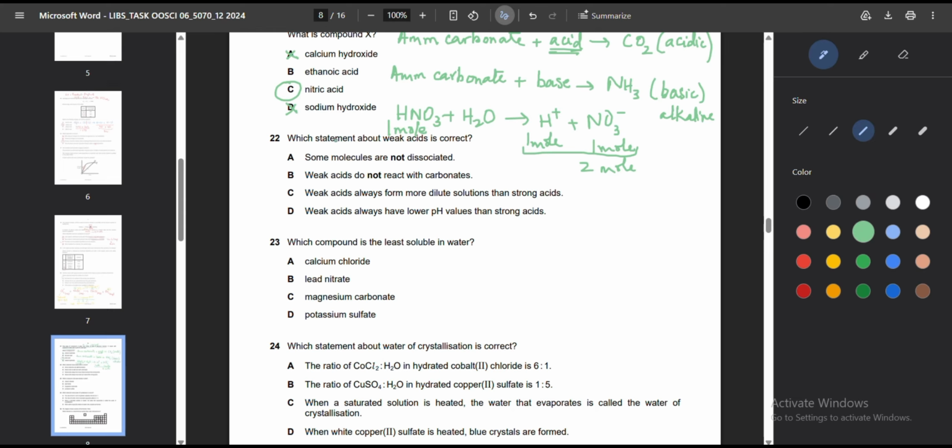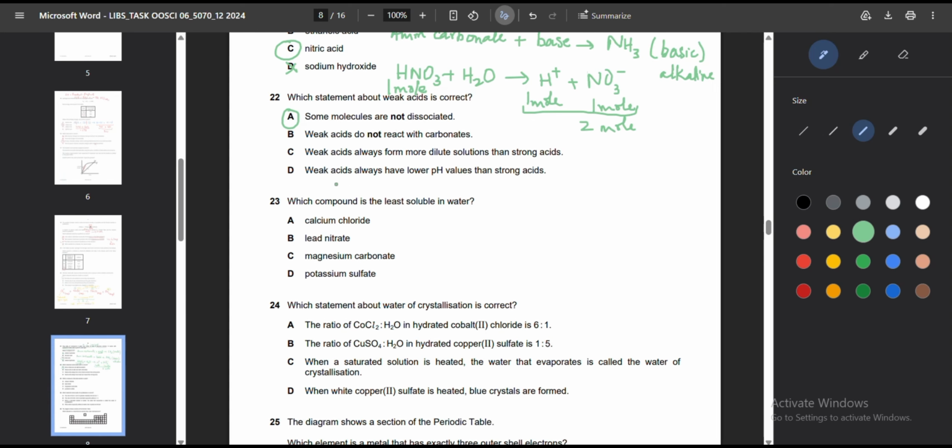We just discussed weak acids right now, that they do not ionize or dissociate completely. So option A is the correct one. Over here it's written that some molecules are not dissociated, meaning some of them get dissociated and some of them remain as they are, not dissociated. So option A is the correct one.